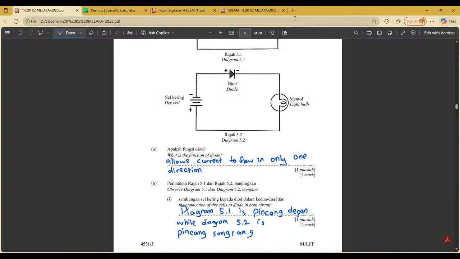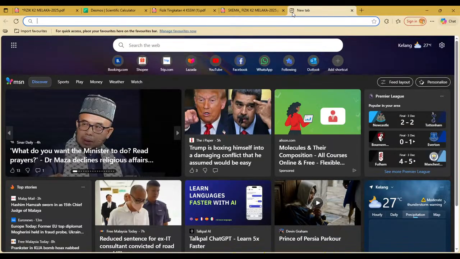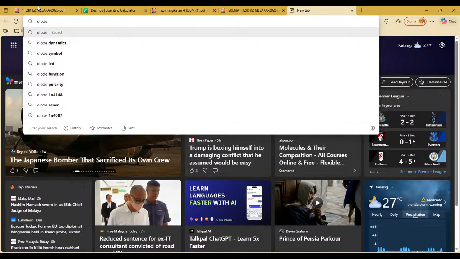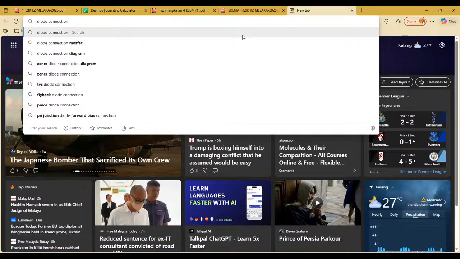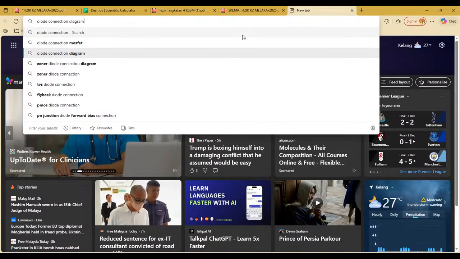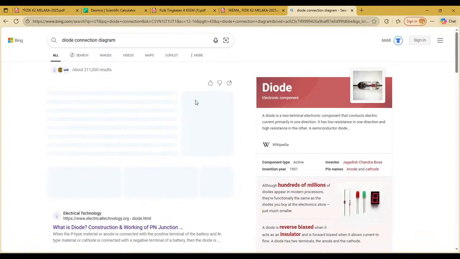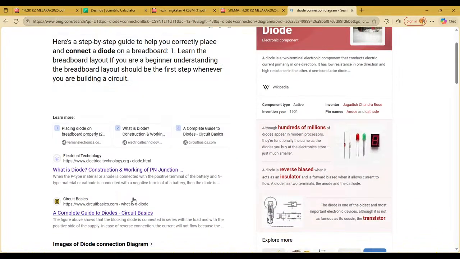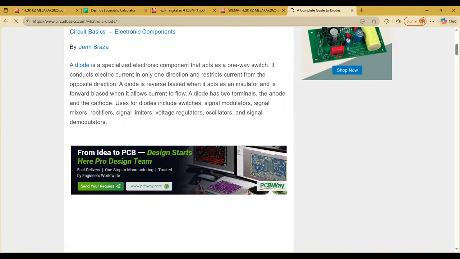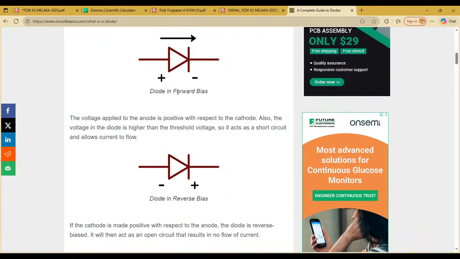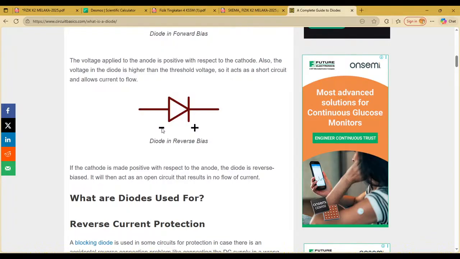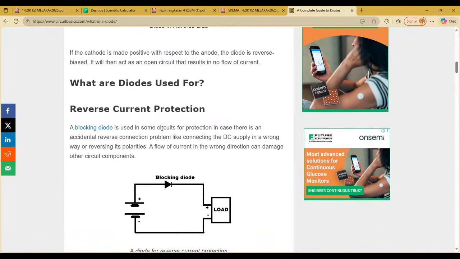I'm gonna Google the term. Forward bias, reverse bias.